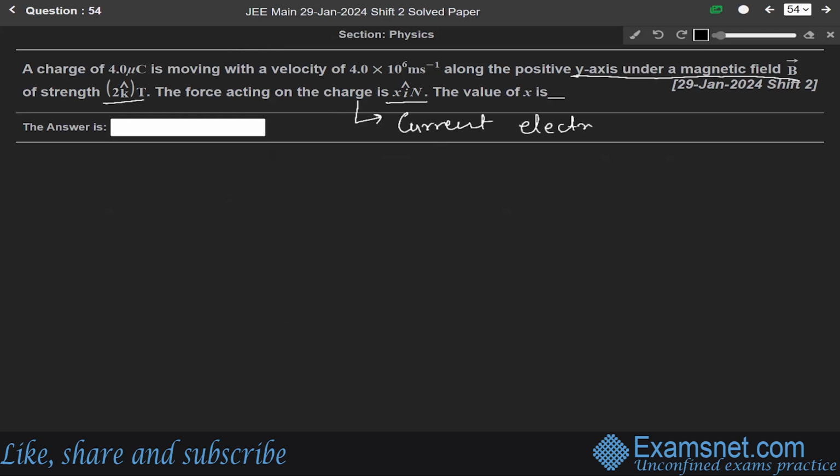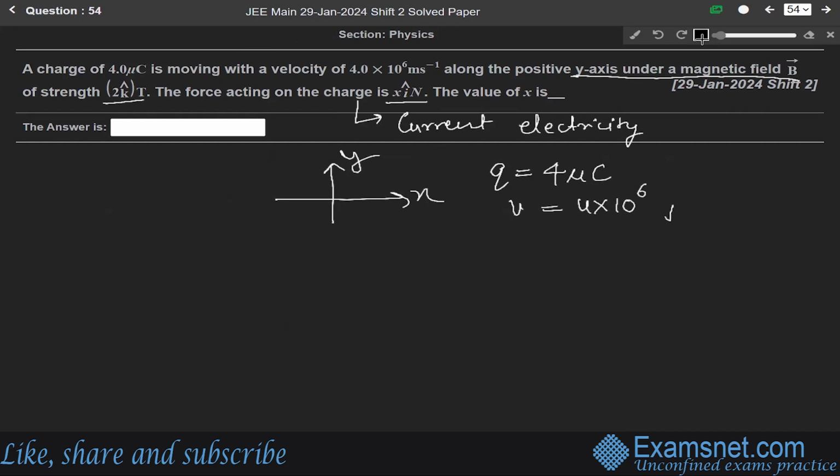The charge is moving along positive y direction. So Q is 4 microcoulomb and the velocity is 4 into 10 to the power 6 j cap meter per second.